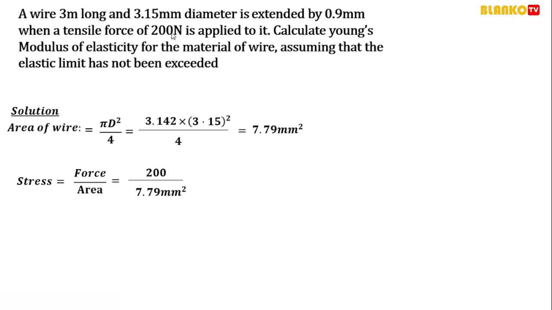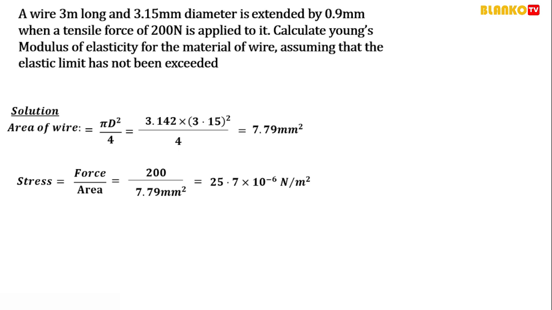When you divide 200 by 7.79 millimeters square, we are going to get 25.7 times 10 raised to the power negative 6 Newton per meter square. So the stress is equal to 25.7 times 10 raised to the power negative 6 Newton per meter square.